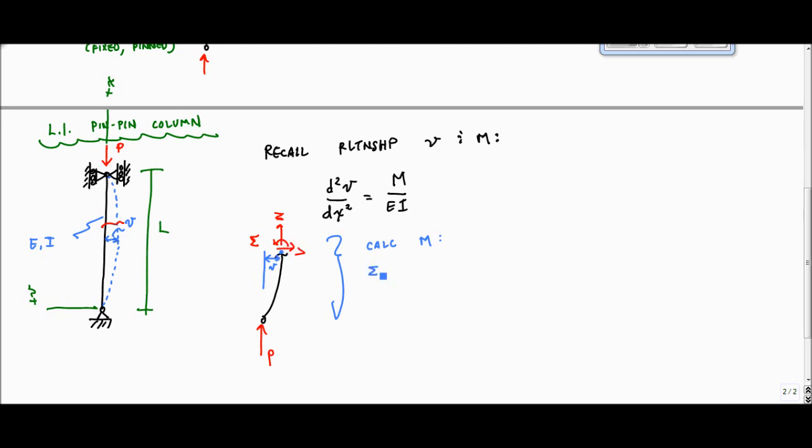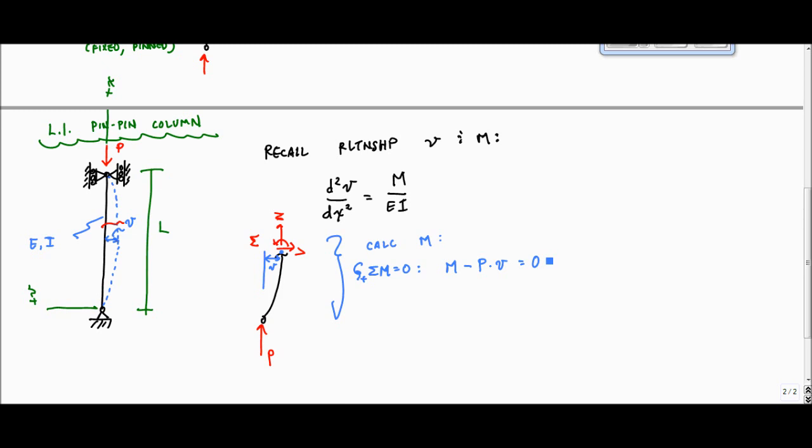Sum of moments equal to 0: I would have M minus P times V equals 0.